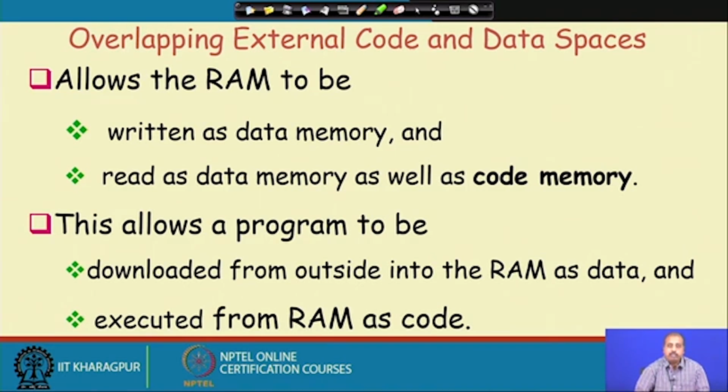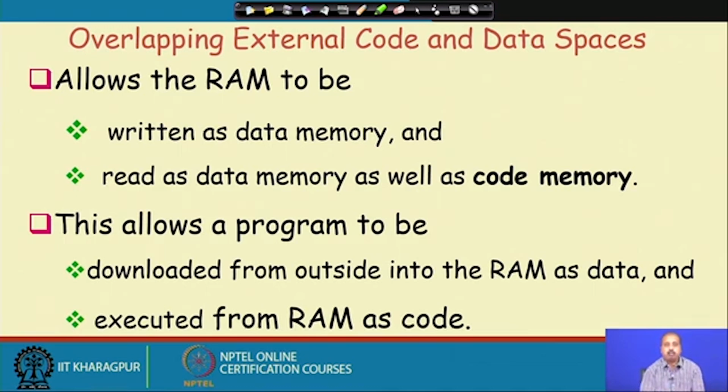If you are using RAM, then for a write operation you can use the write bar pin access, and then we can write the values onto the RAM as data memory. If you are trying to access the program, then you can use the PSEN bar, or if you are trying to access the data part of the RAM, then you can use the read bar line. So, what is the advantage of doing all these things?